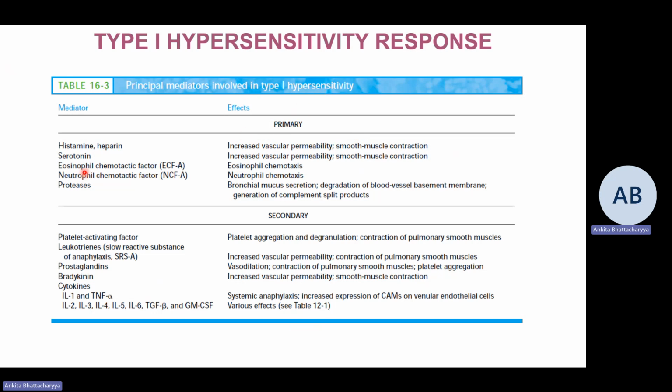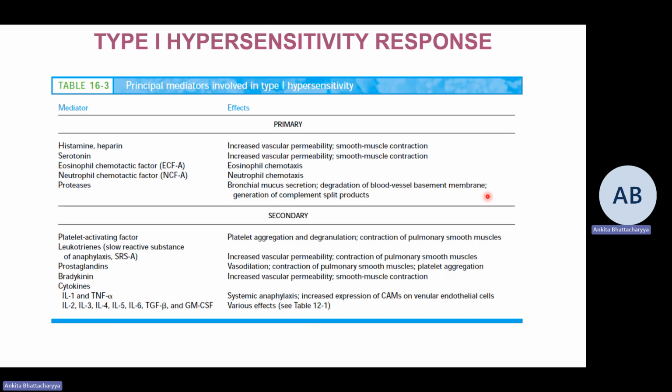Apart from that, we have eosinophil chemotactic factor for eosinophil chemotaxis, and same for neutrophils as well, and a large number of proteases also, which are responsible for bronchial mucus secretion, blood vessel degradation, and generation of complement split products. So these are the primary mediators of type 1 hypersensitivity.